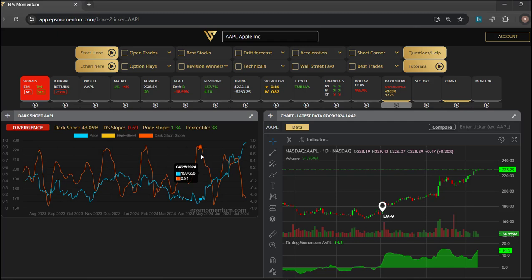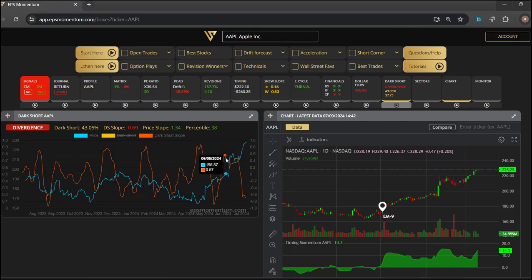They're preparing for the rally, and then surely enough, the rally arrives, and here it is. Then the dark short collapses, and you can see the price plateaus because all the institutions are selling, right? And then they immediately get back in for whatever their reason is. And they get back in and push the price even higher up. And you would know several weeks before the price push goes up.